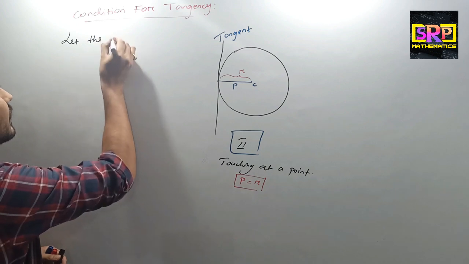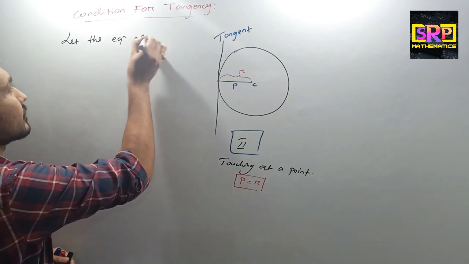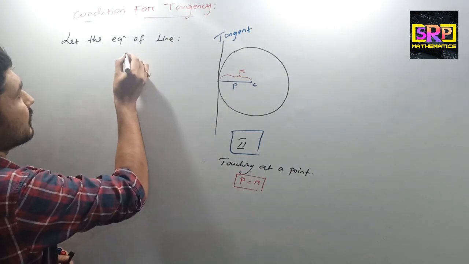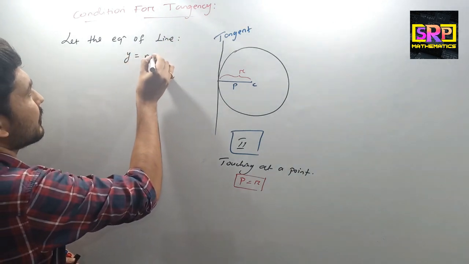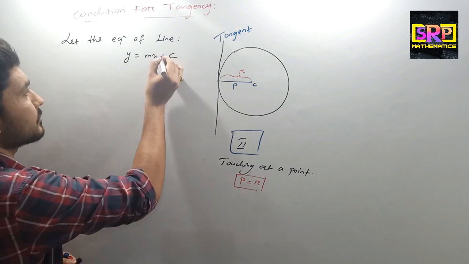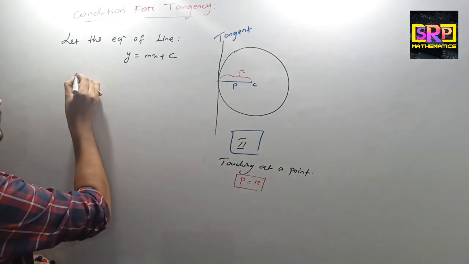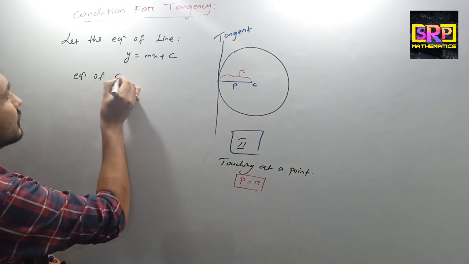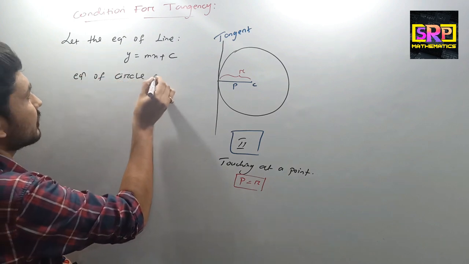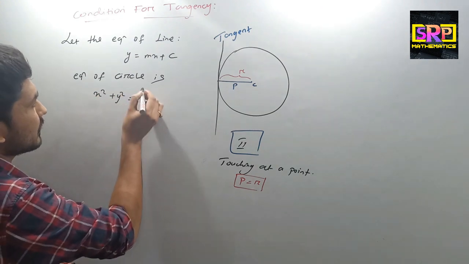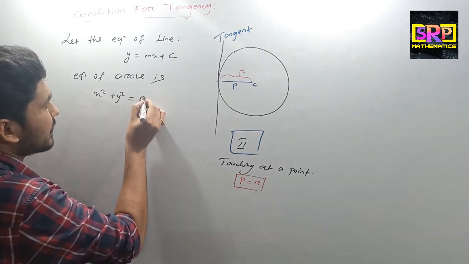What I am telling here, let the equation of line be y is equal to mx plus c, and the equation of circle is x square plus y square is equal to a square.